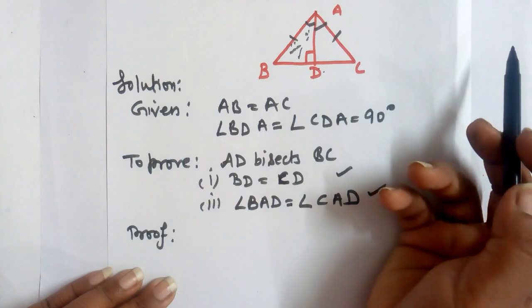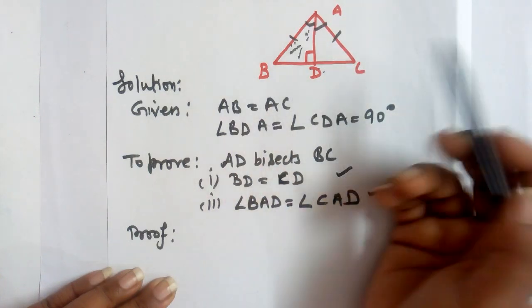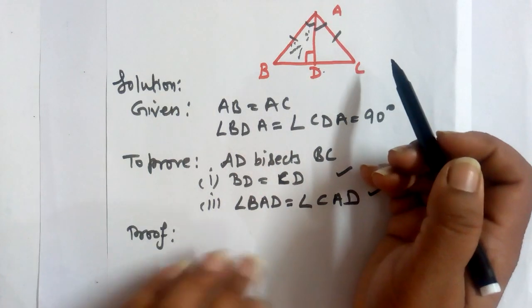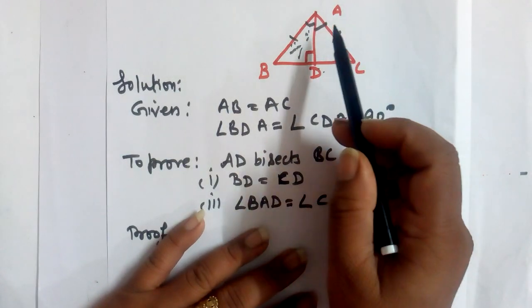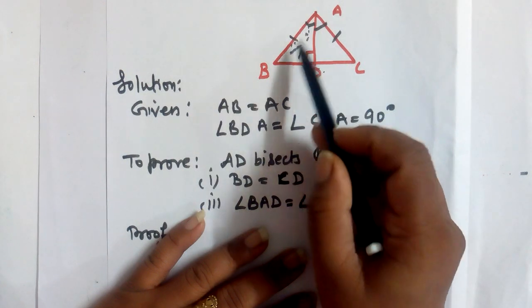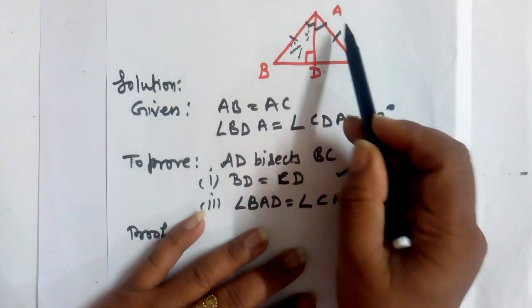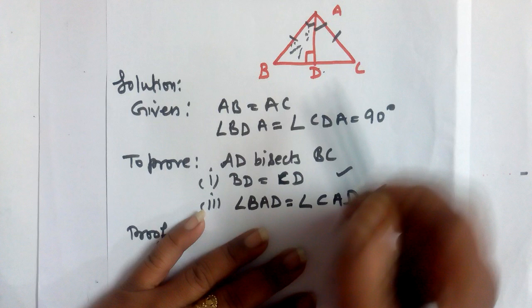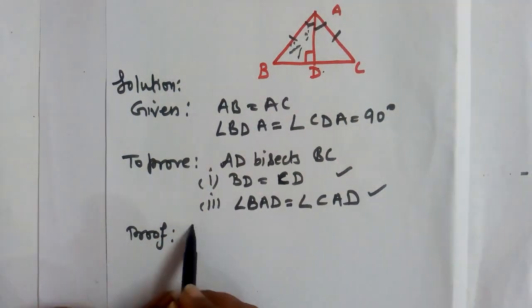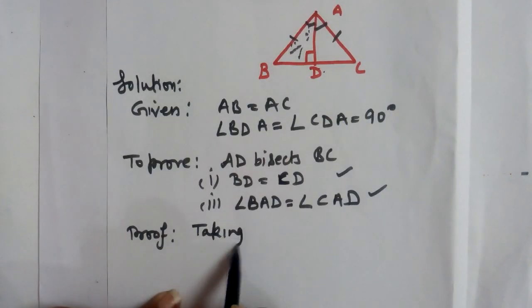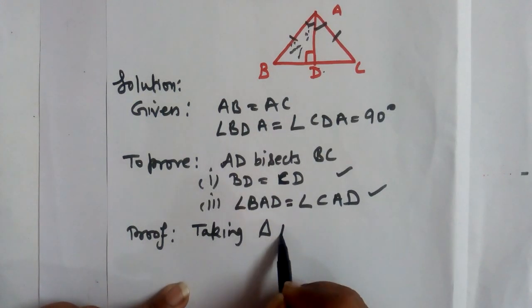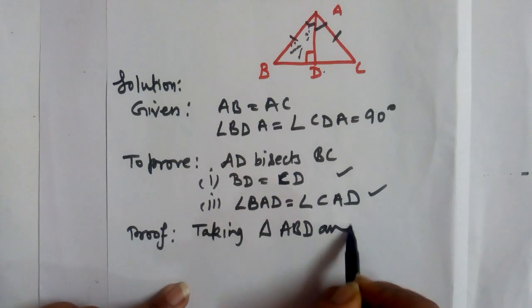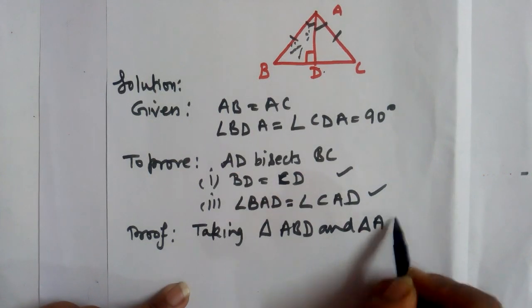Corresponding angles and parts of congruent triangles are always equal, so we can prove that angle BAD is equal to angle CAD and BD is equal to CD. So taking triangle ABD and triangle ACD.